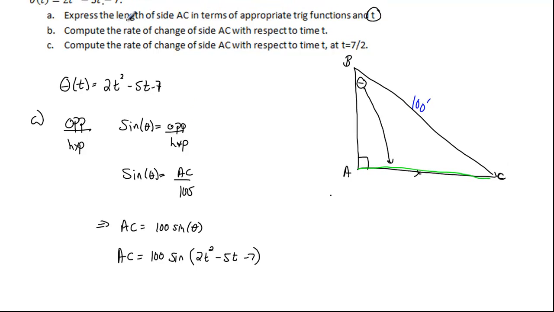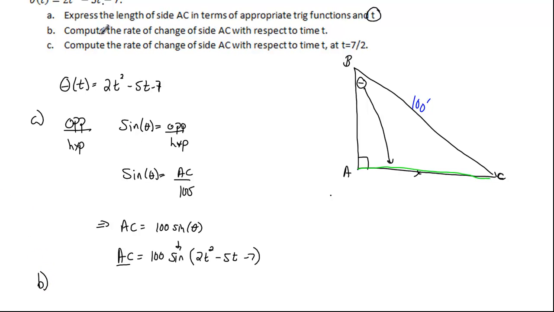We've expressed the length AC in terms of an appropriate trig function. The appropriate trig function is sine, and a value of t. We cannot leave it in terms of theta because this question specifically asked us for the length of the side in relation to the trig function and t. So now we have completed part A, we are on to part B.